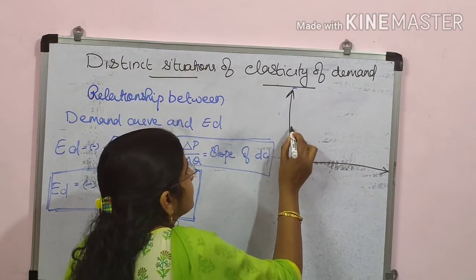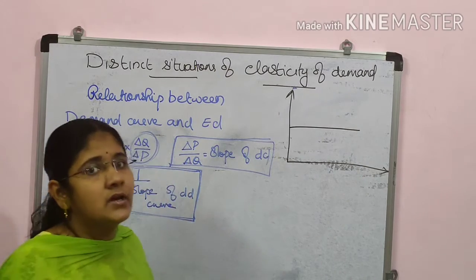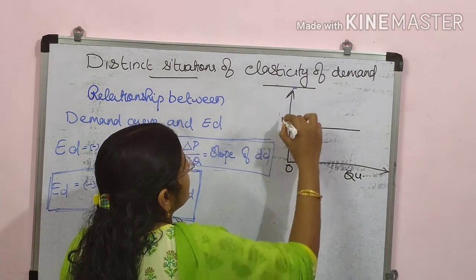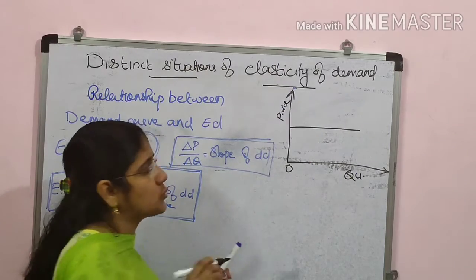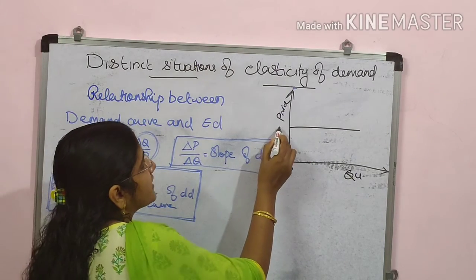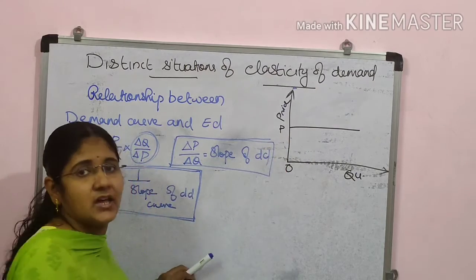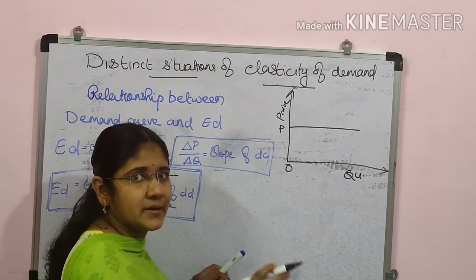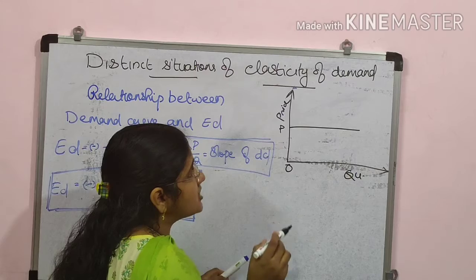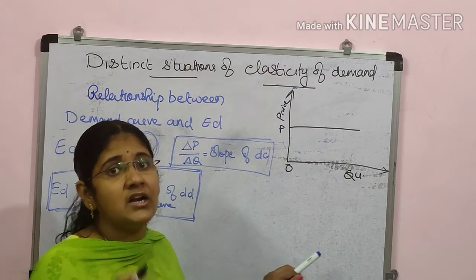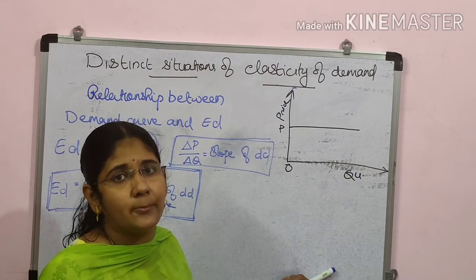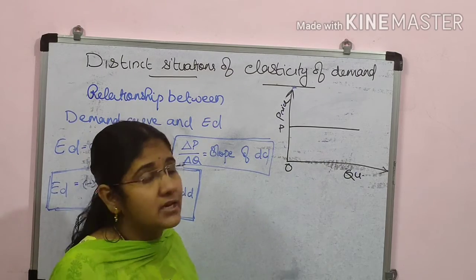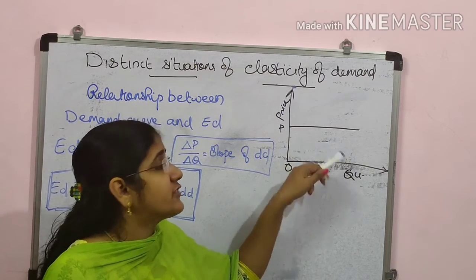Here you just see, in this case we are presenting a horizontal straight line curve. We assume the price of the commodity remains a constant value. Imagine there is a small change in the price of the commodity; that also will influence the demand, especially if the price increases.